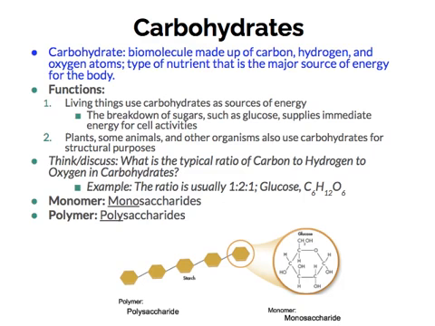So think to yourself, what's the typical ratio of carbon to hydrogen to oxygen in carbohydrates? So the answer is clearly right there, but if you remember back to Unit 1, the formula for glucose was C6H12O6. So the ratio for carbohydrates is usually 1 carbon to 2 hydrogen to 1 oxygen. The monomer of carbohydrates are monosaccharides, and the polymer of carbohydrates are polysaccharides.